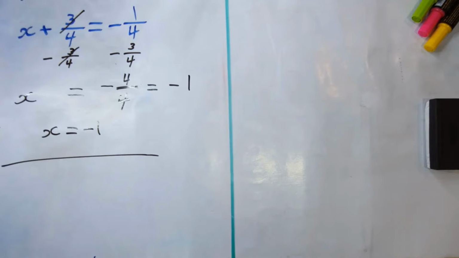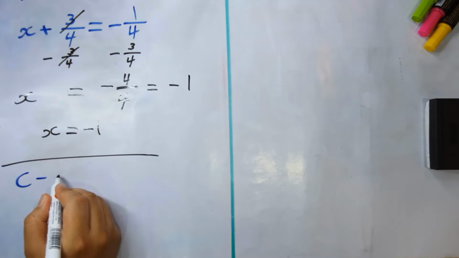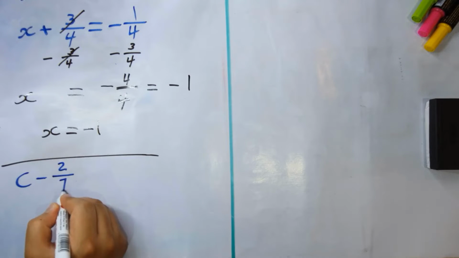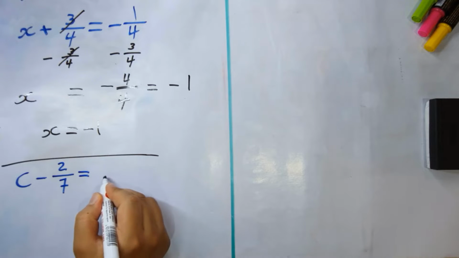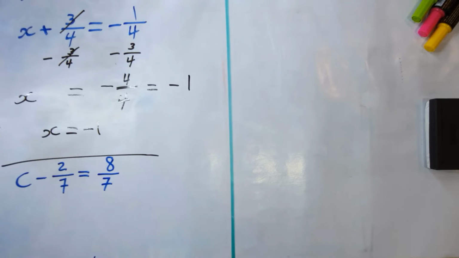Next question. C minus 2 over 7 equals 8 over 7. Okay, to solve this equation, we should make C alone on one side without any numbers around it.